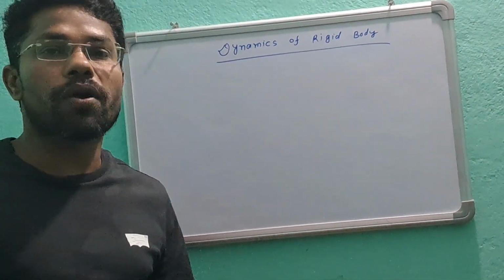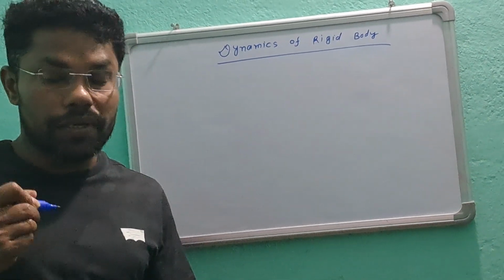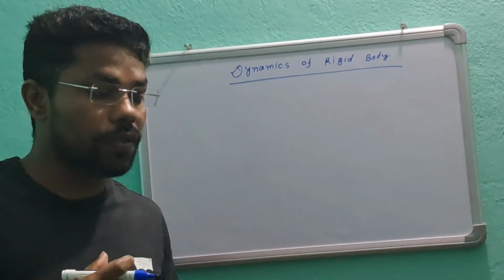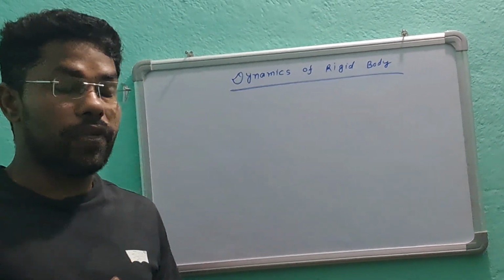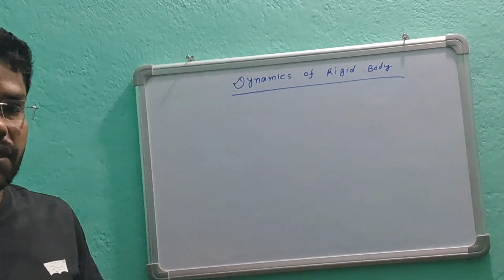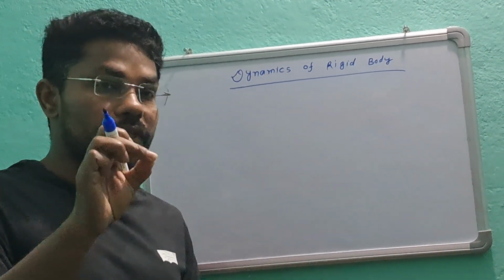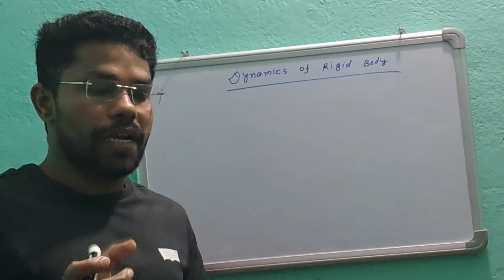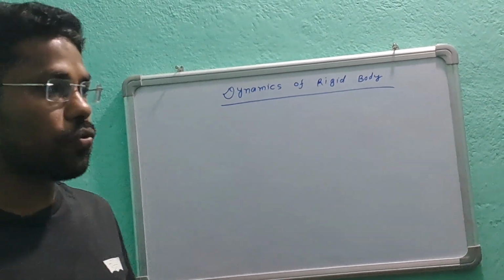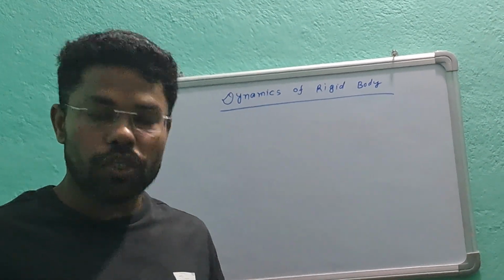We have also discussed the linear momentum of a point particle, meaning quantity of motion, and we also discussed the relation between external force applied to that point particle and linear momentum, and we have also discussed conservation of linear momentum.